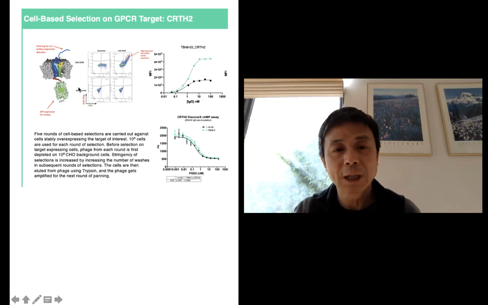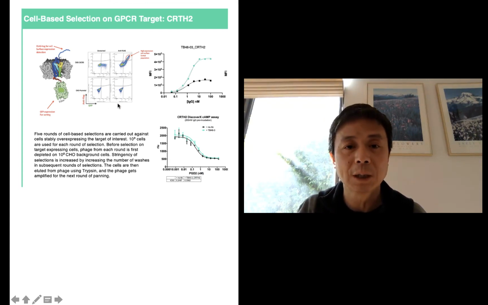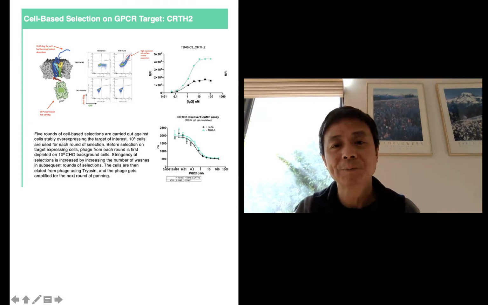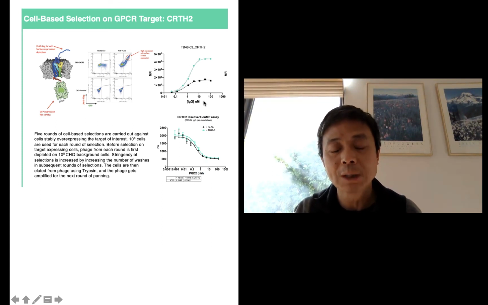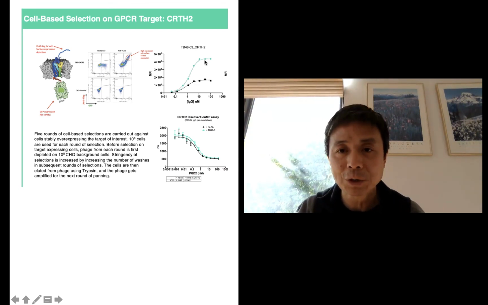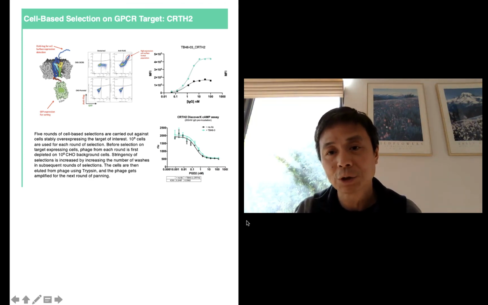We first selected with validated cells expressing both GFP and the flag tag. Here is an example of one clone we identified from the selection. It binds to the expressing cell line, while the black line is the parental CHO cells, and it does not bind the parental CHO cells.